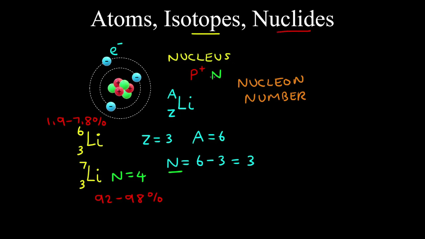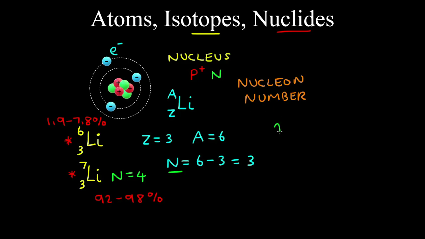Now a nuclide is a nucleus with specific numbers of protons and neutrons. In this case, lithium-7 is a nuclide with 3 protons and 4 neutrons, and lithium-6 is another nuclide with 3 protons and 3 neutrons.